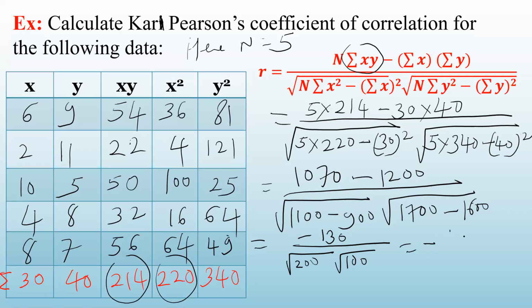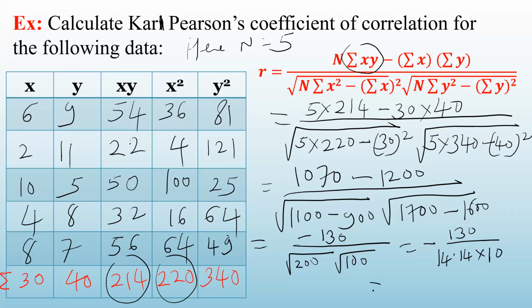I mean, minus 130 divided by square root of 200. So square root of 200 is equal to 14.14. Take only 2 decimal places. 14.14, and square root of 100, that is 10.